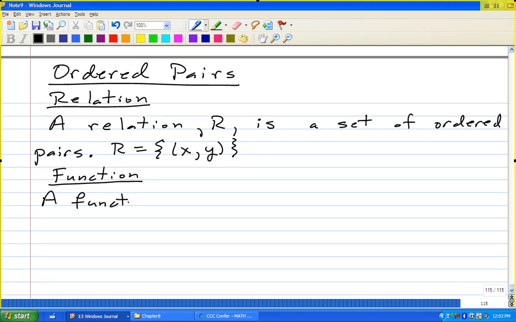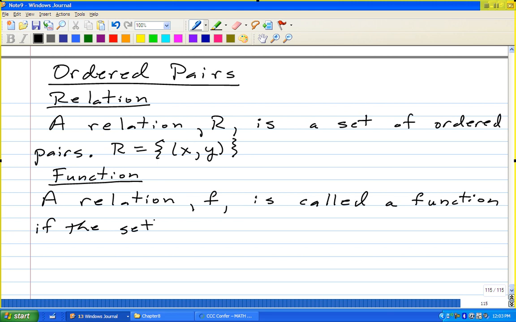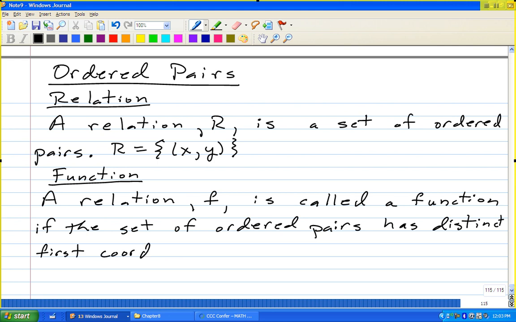So a function, well, let's say a relation f is called a function if the set of ordered pairs has distinct first coordinates, when written as a set.